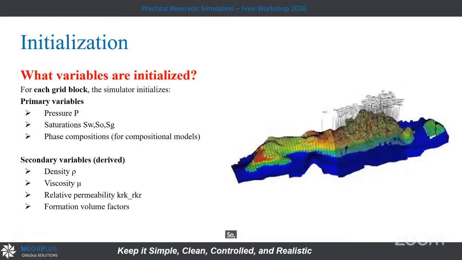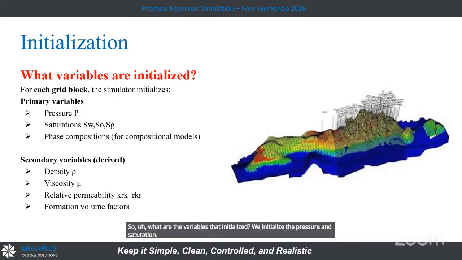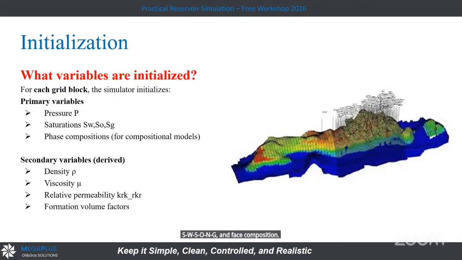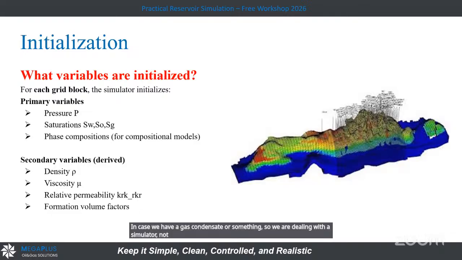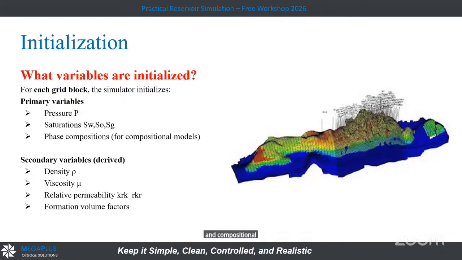So what are the variables that are initialized? We initialize the pressure and saturations, SW, SO, and SG, and phase composition in case we have gas condensate. So we are dealing with a simulator, not just the simulation. You will see the simulators split into black oil simulators and compositional simulators.